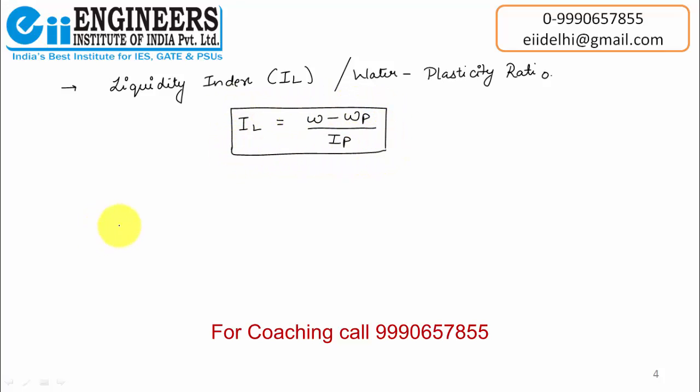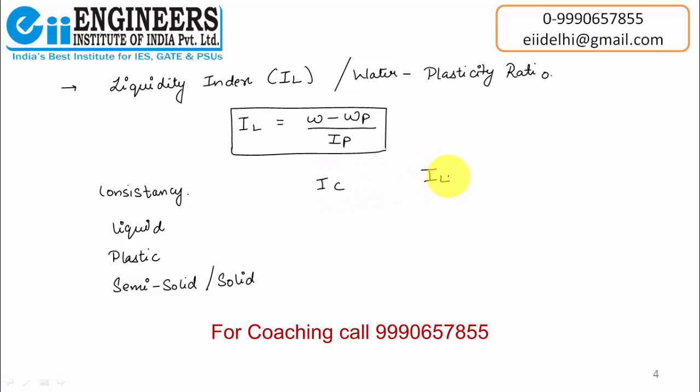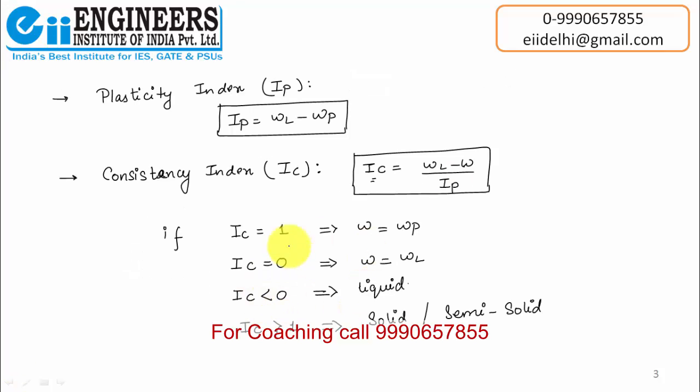So now if I take the 3 consistency stages, liquid, plastic, and semi-solid or solid, and I mark these values of IC and IL, then we have discussed in the last slide these values.